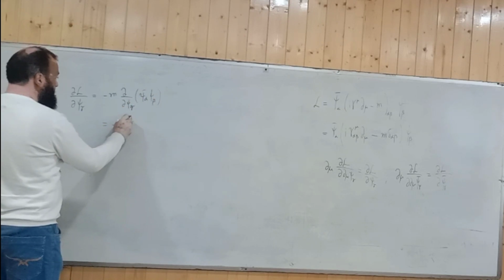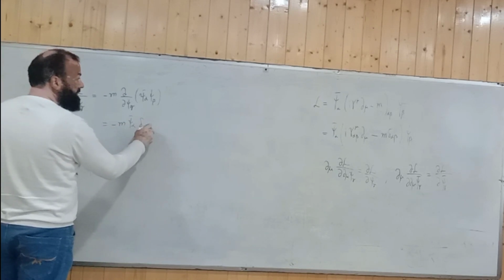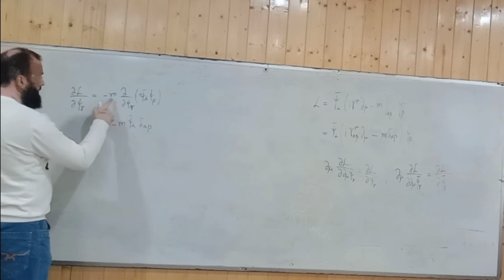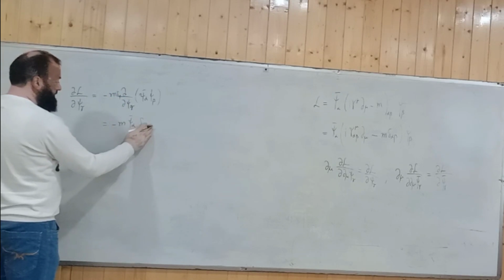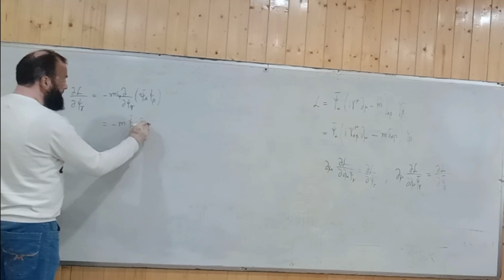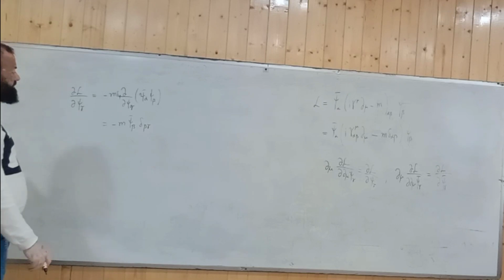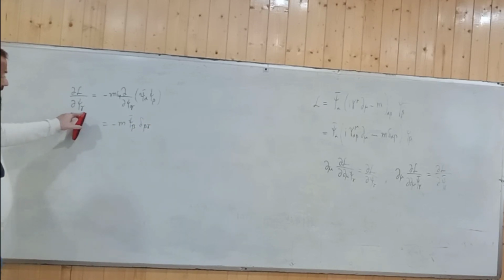Minus m psi bar alpha delta alpha beta. Sorry, it is delta alpha beta here, so it will be delta beta here. Clear? So from the second term, delta alpha will be replaced by simply gamma.